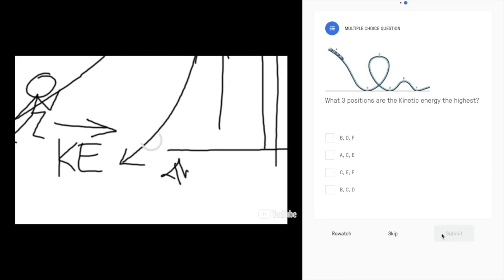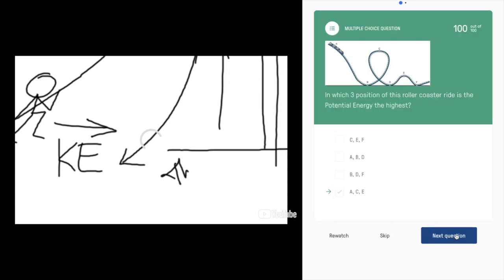Did you say BDF? Let us try. Let us submit. For the first question, you got it right. In this roller coaster, the one that is in the highest position has the highest potential energy. That is why the answer is ACE.